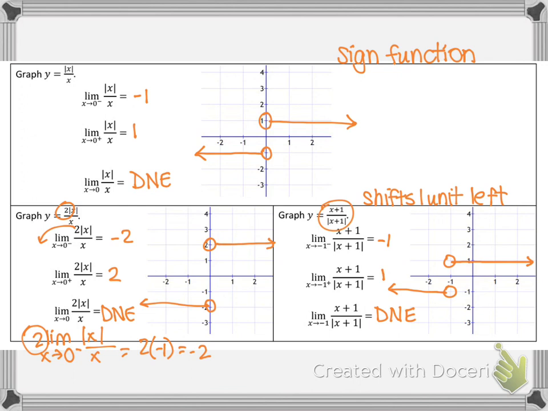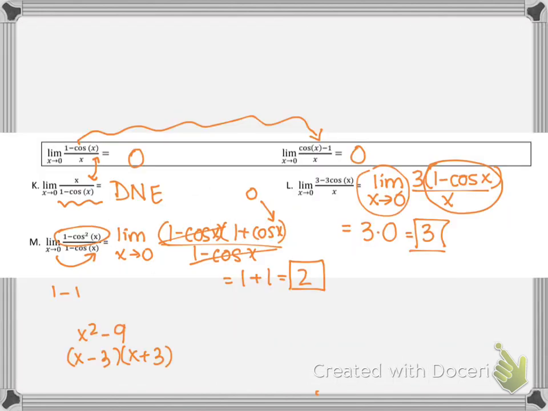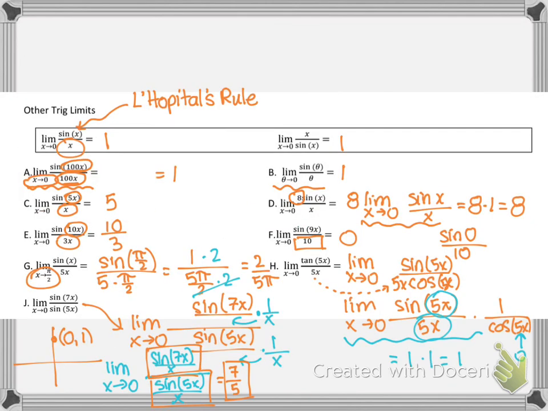So to summarize, we found limits from our sign function, S-I-G-N. We also found some limits of this limit as x approaches 0 of 1 minus cosine x over x, which equals 0, and then we did some manipulations of it. The limit as x approaches 0 of sine x over x equals 1.